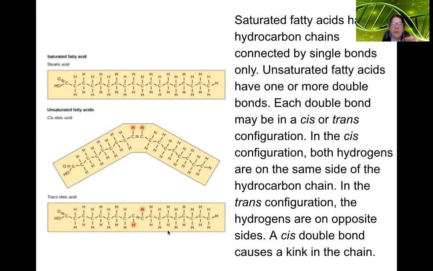In the trans configuration, the hydrogens are on the opposite side, and the bend will not exist. So if you look at a trans acid and a saturated fatty acid, they kind of look the same, one straight line. A cis unsaturated fatty acid has a bend, has a kink.